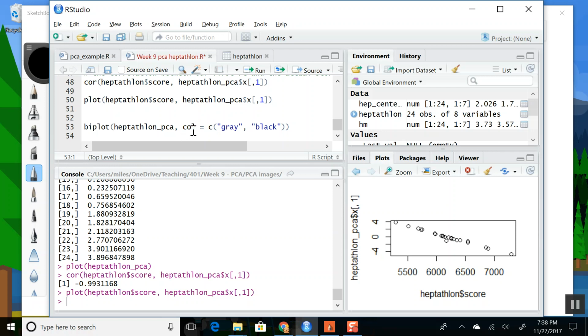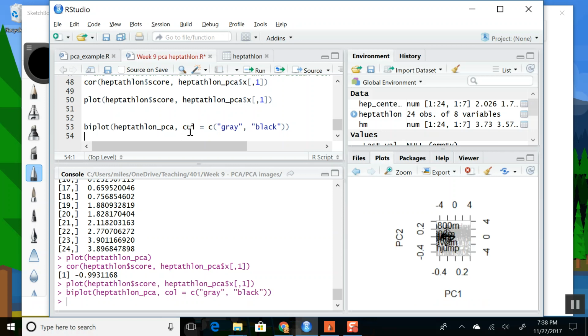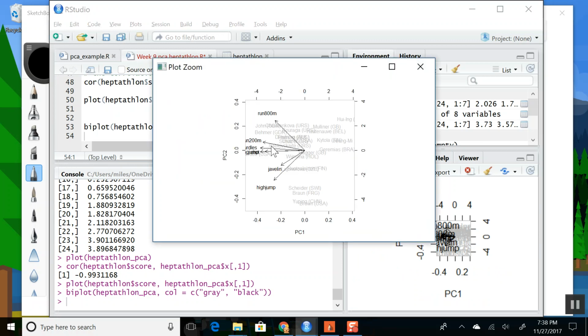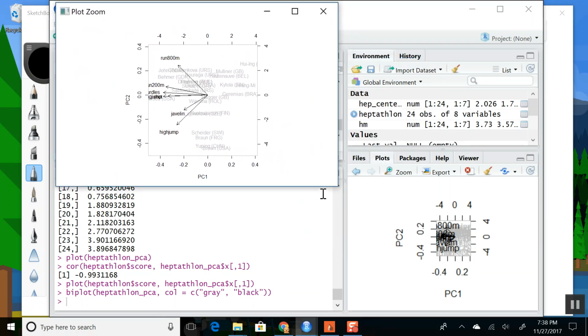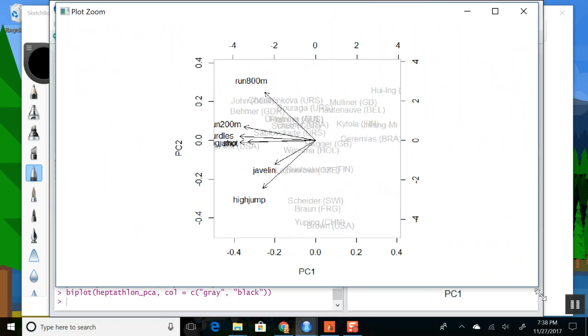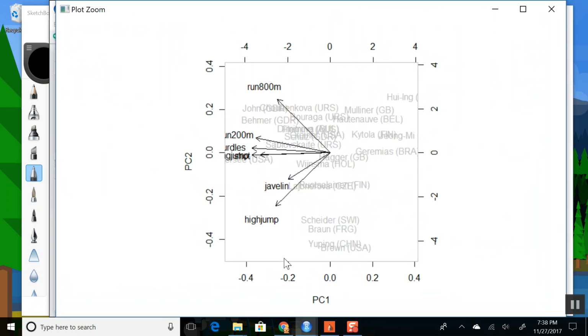A biplot shows the first 2 principal components. Really, we're just looking at the first one, and it says you need to weight hurdles, long jump, and 200-meter run the heaviest, and then high jump, javelin, and 800-meter run less, in terms of how these things get factored in.